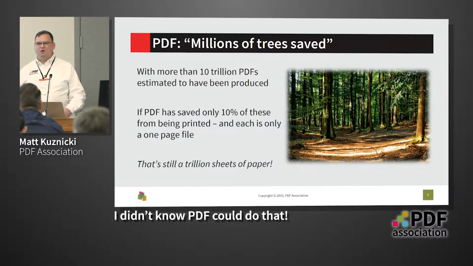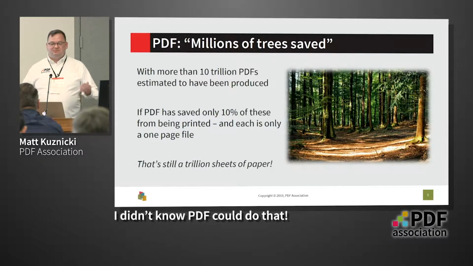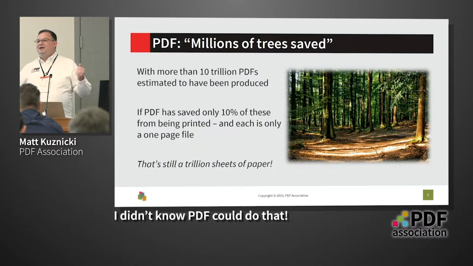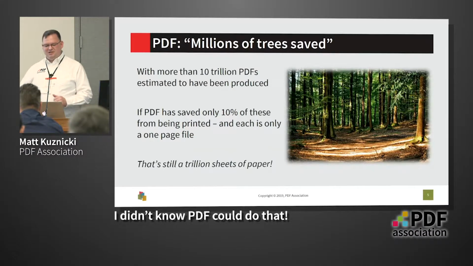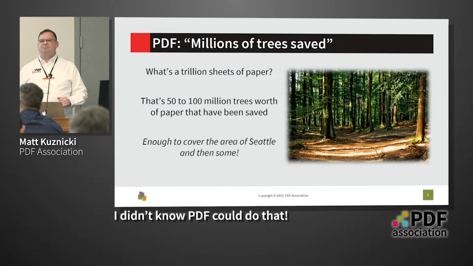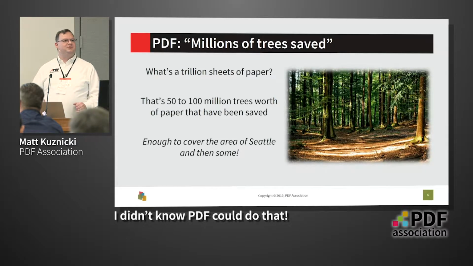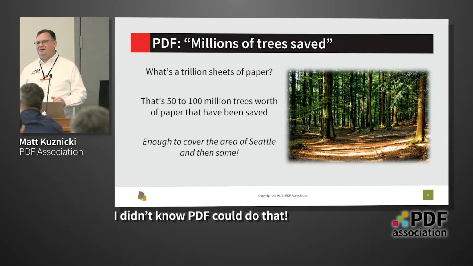If these are just one-page documents, well, that's 1 trillion pages that have been saved. Still, 1 trillion sheets of paper. What is 1 trillion sheets of paper? That's north of 50 million trees saved by PDF. And what's 50 million trees?